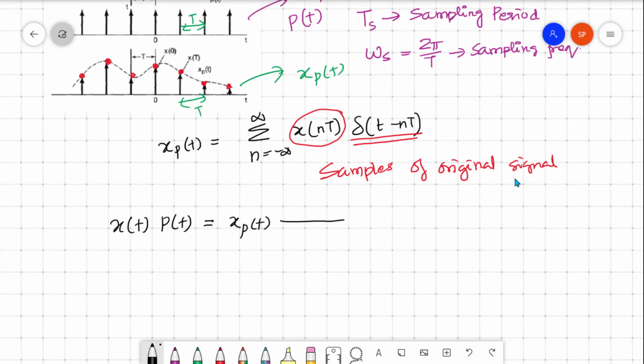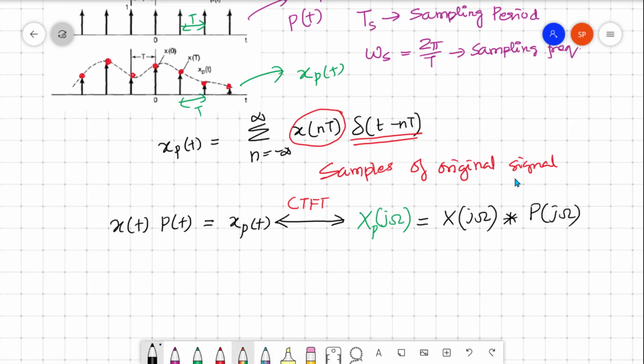Now if you take the CTFT, that is the continuous time Fourier transform, of this operation, we will get the Fourier spectrum of this sampled signal, that is xp of j omega, which is nothing but the convolution of x of j omega, that is the spectrum of the original signal, and the spectrum of the impulse train p of j omega.